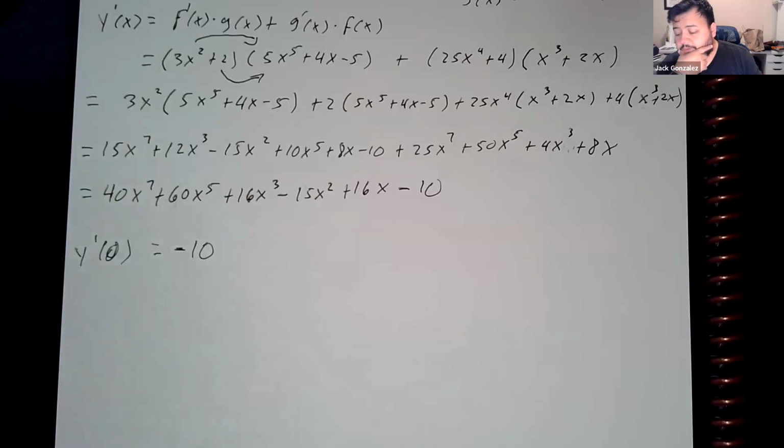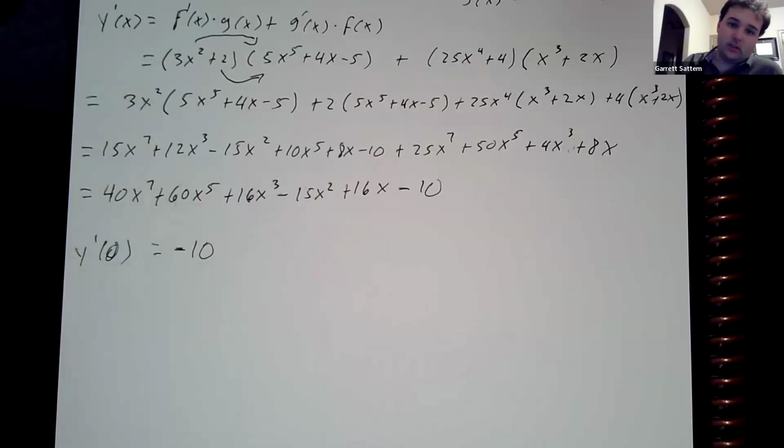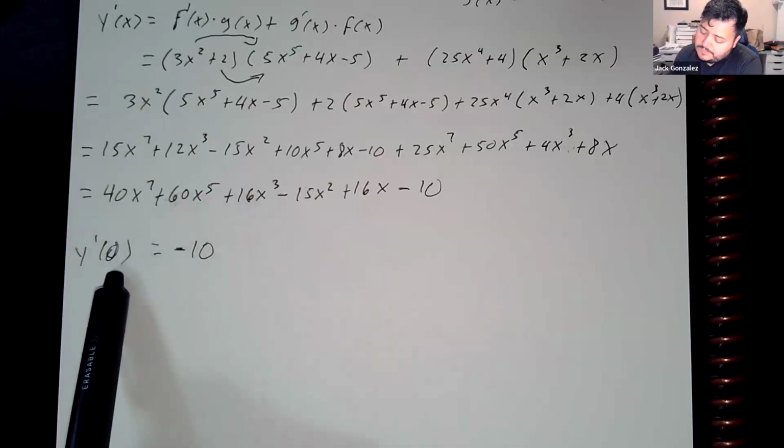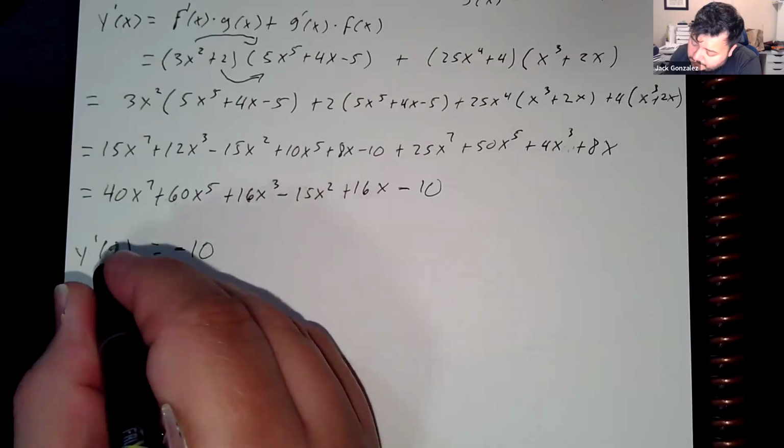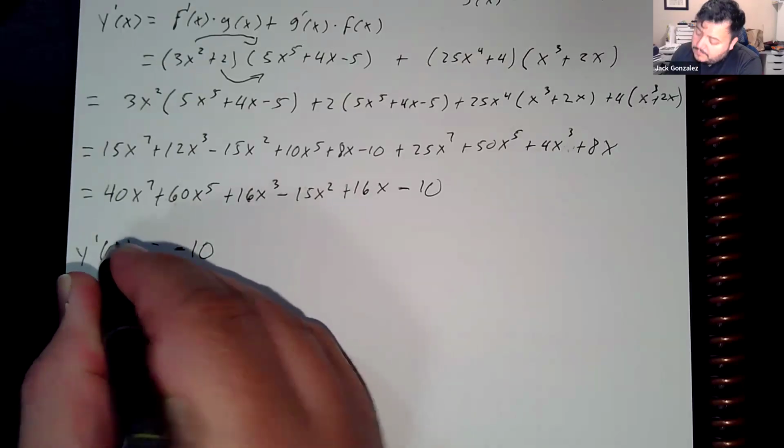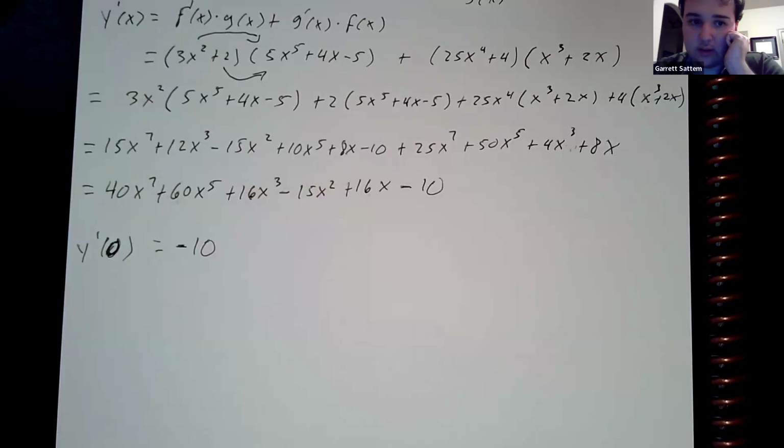Any question on this last one? It was just a complicated product rule, and then you got to plug in a number. The only real difference. Where'd you get the negative 10 from? If you plug in 0, remember they said plug in c.